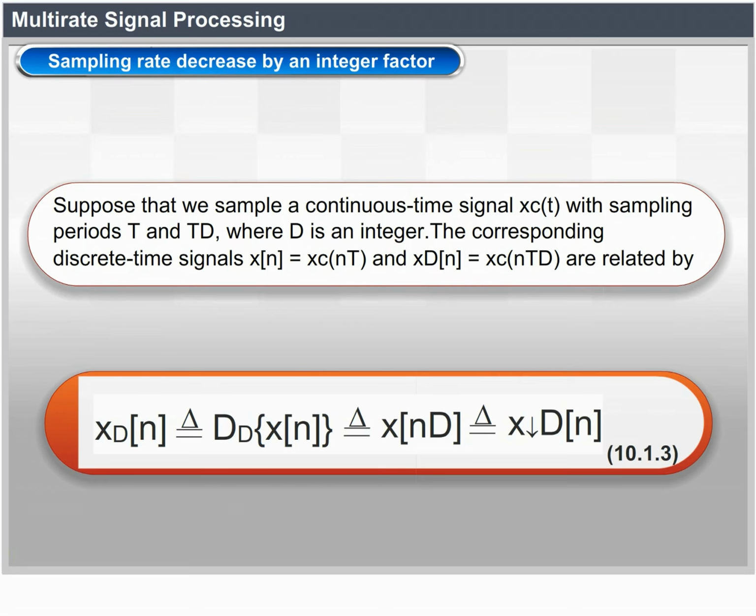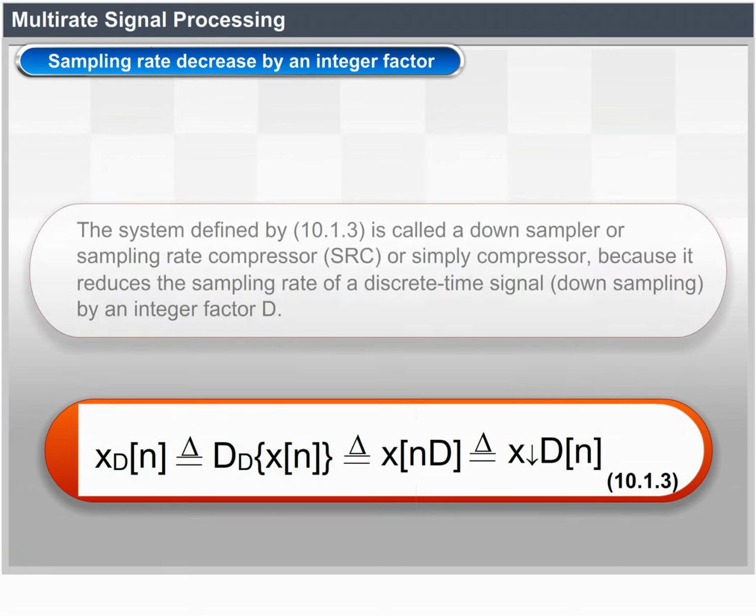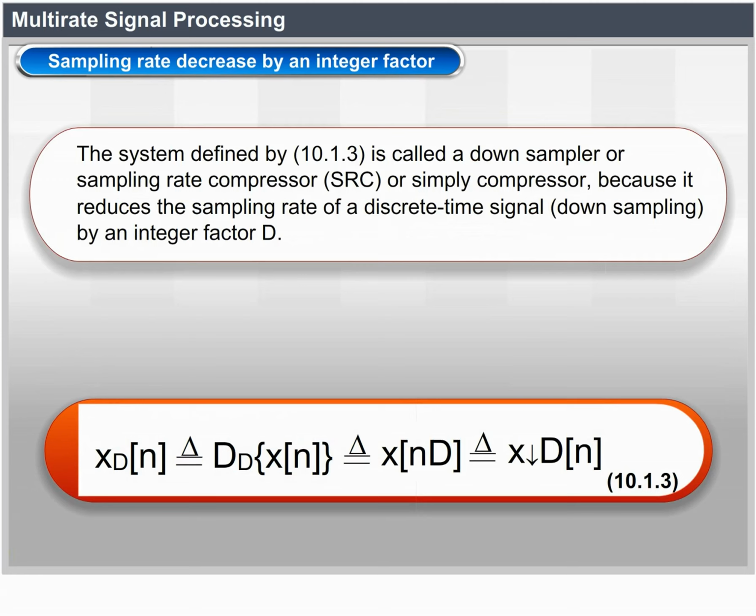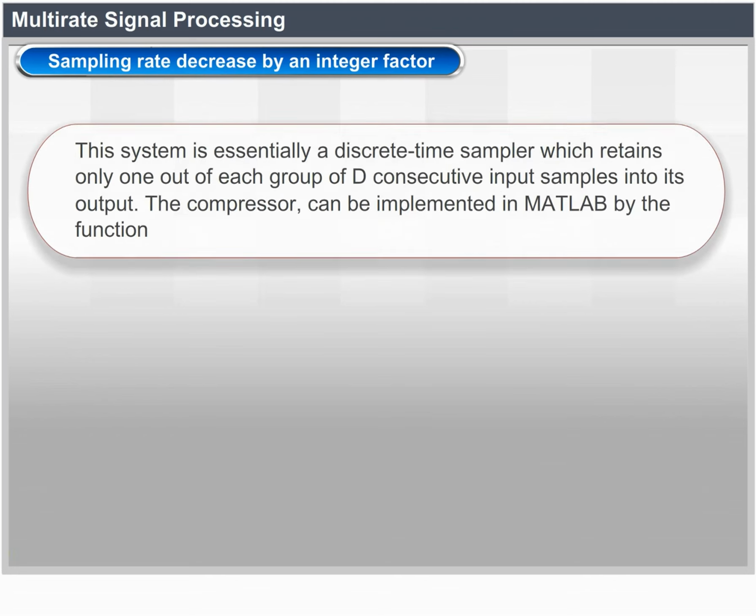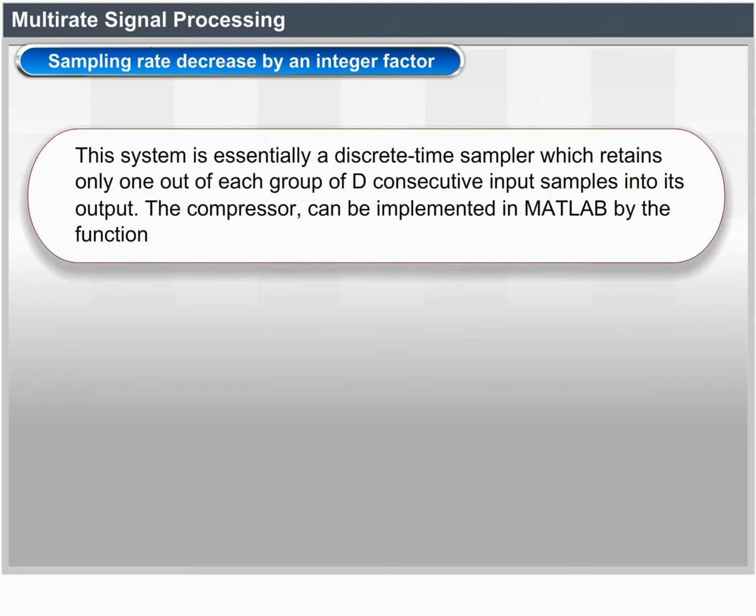The system defined by 10.1.3 is called a downsampler or sampling rate compressor, SRC, or simply compressor, because it reduces the sampling rate of a discrete time signal, downsampling by an integer factor d. The system is essentially a discrete time sampler which retains only one out of each group of d consecutive input samples into its output.